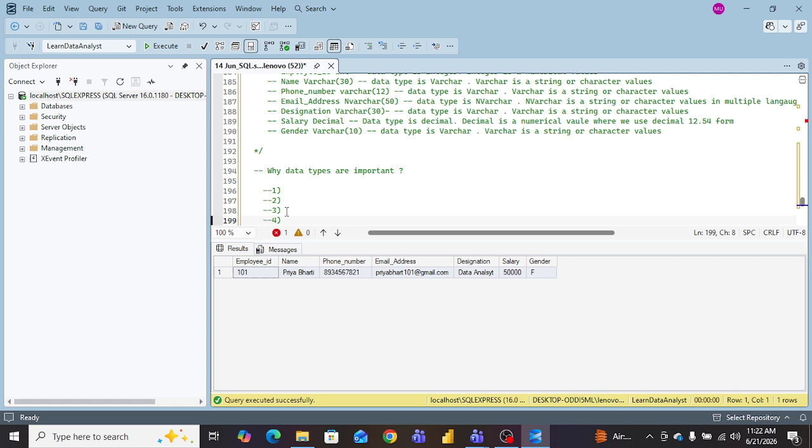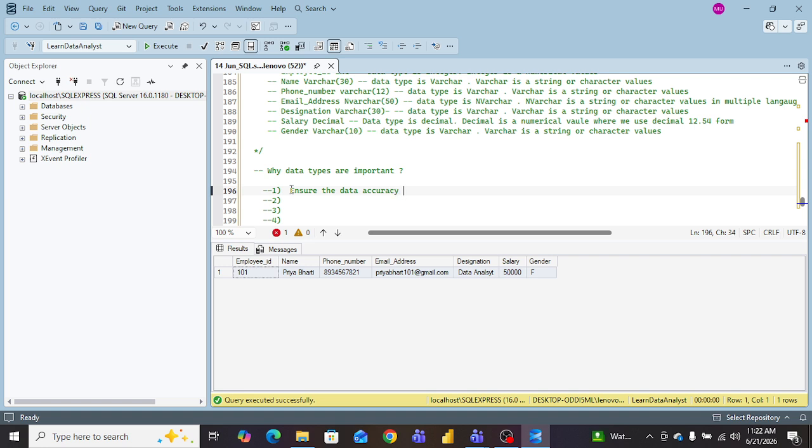Now, let's explain. First, data types ensure data accuracy.